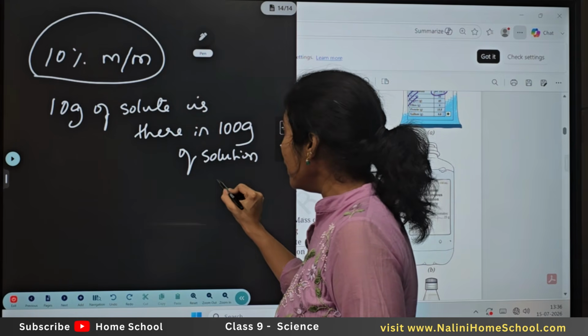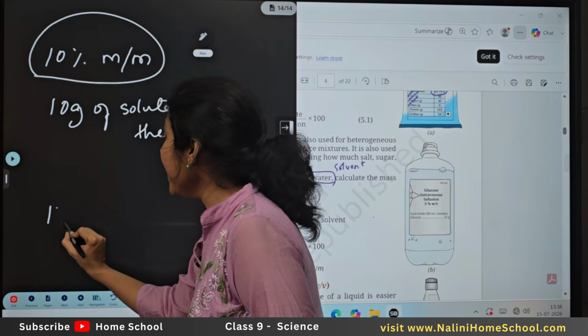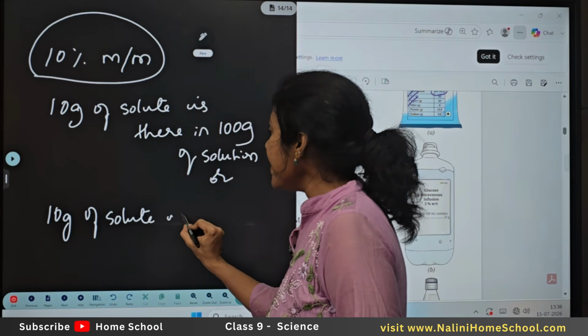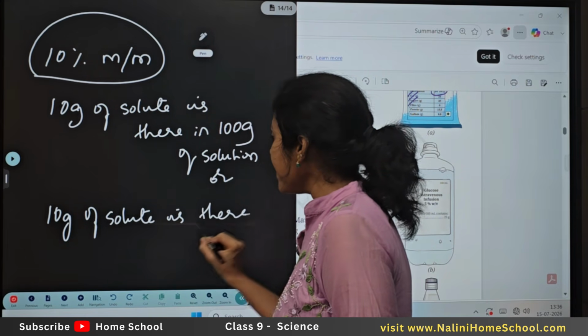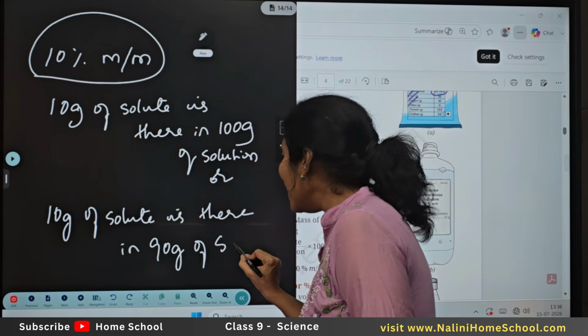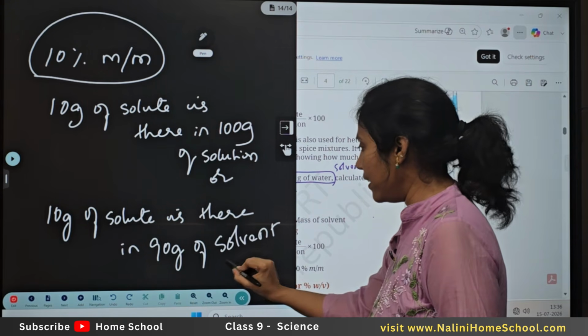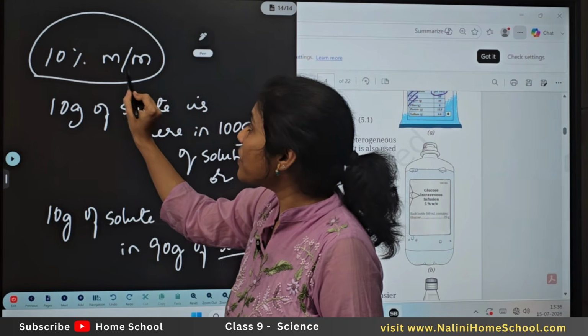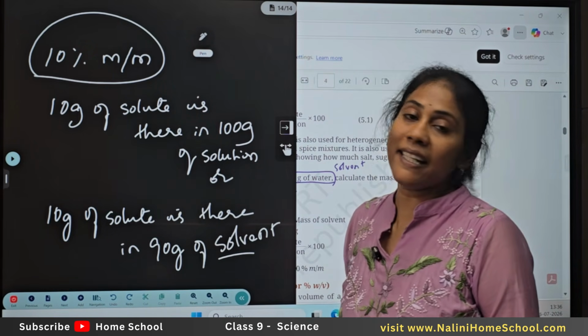Or what does it also mean? 10 grams of solute is there in 90 grams of solvent, that is water. Here in this case it's water. So whenever they mention it like this, you should also know the meaning, guys.